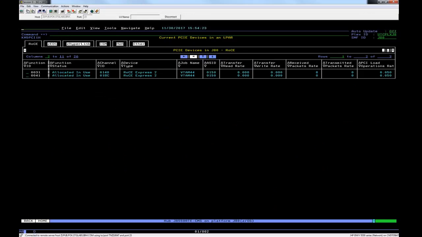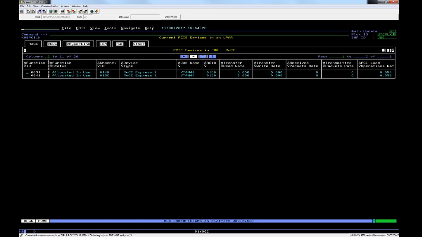And here we see each of the functions that are associated with PCIe. This is common to all of the PCIe device types. You'll also see a channel ID and the device type.